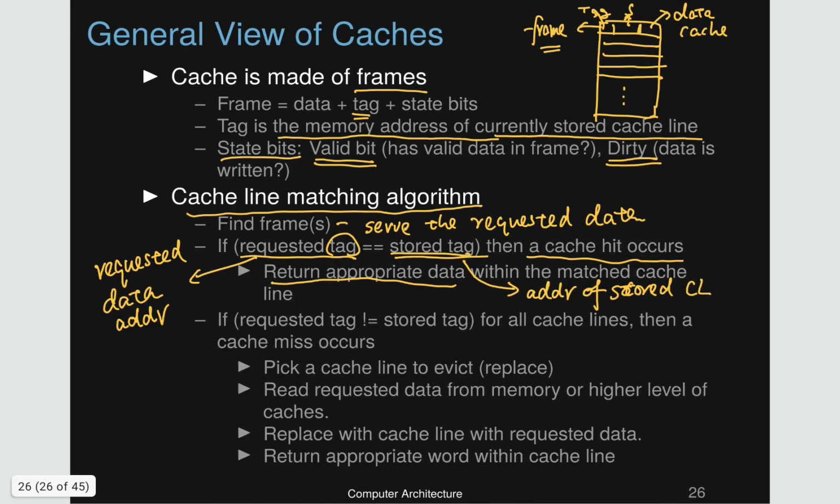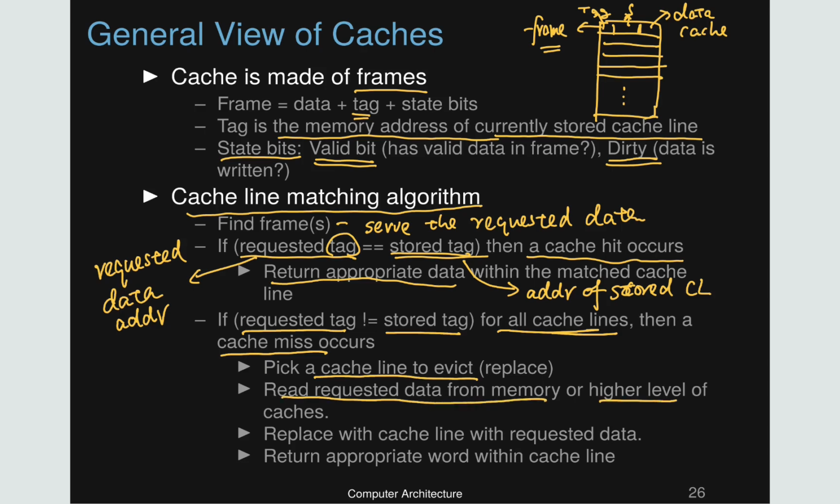In the case that the requested address does not match any of the stored addresses for all the cache lines, then we know a cache miss occurs. If a cache miss occurs, we have to pick a cache line to replace. Then we're going to read the data from the main memory or a higher level of cache, depending on which level of cache we're dealing with.